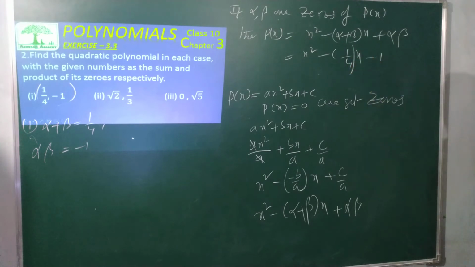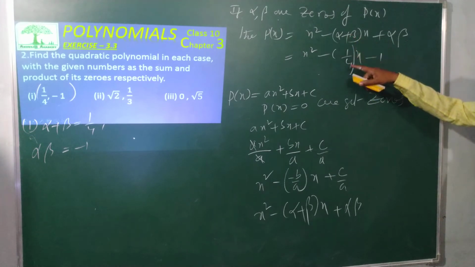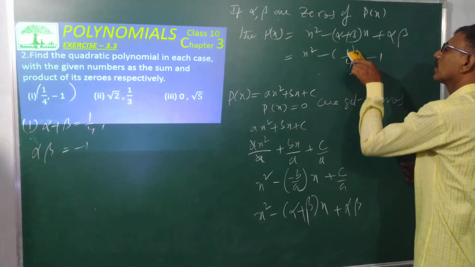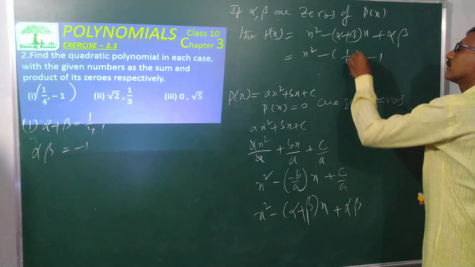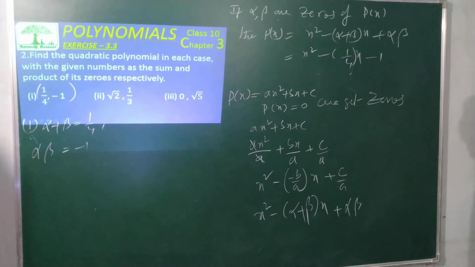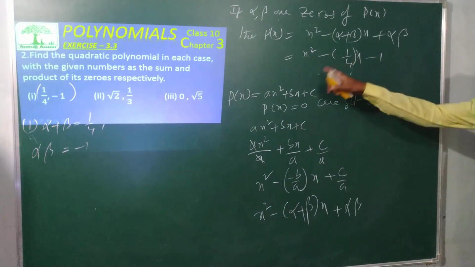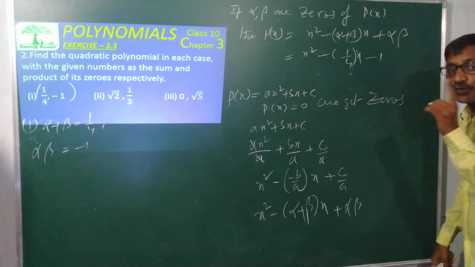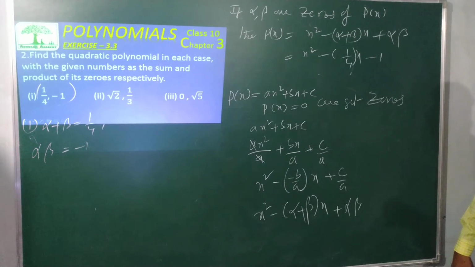Yes, into x. Alpha plus beta is nothing but 1 by 4 into x, and minus 1. Clear? Okay. I would like to multiply this quadratic polynomial by 4. Even then we get the same sum of zeros and the same product of zeros. Keep in mind.